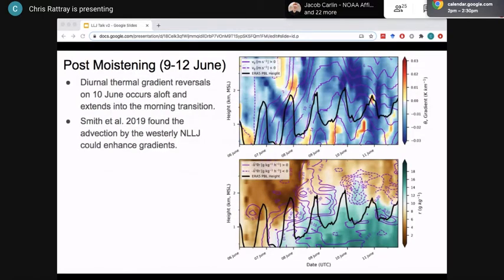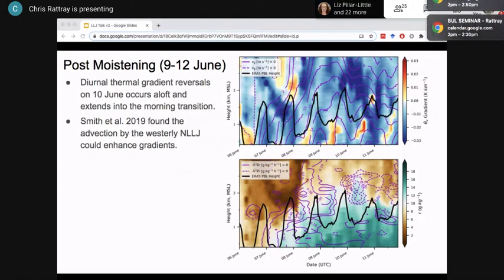So after the 8th, we see that there are these gradient reversals that take place without the moistening that we saw on the 8th. If we look at the 10th, we notice a very prominent reversal around 1 kilometer and a negative reversal around 2 kilometers.